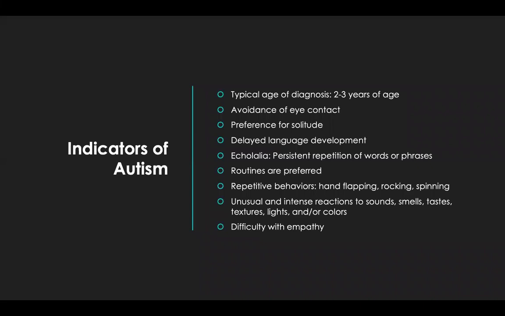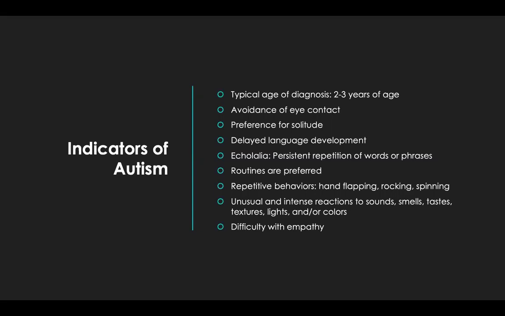So some of the indicators that we do see oftentimes are avoidance of eye contact, preference for solitude, delayed language development, echolalia, which is the persistent repetition of words or phrases. They really do prefer routines and repetitive behavior.